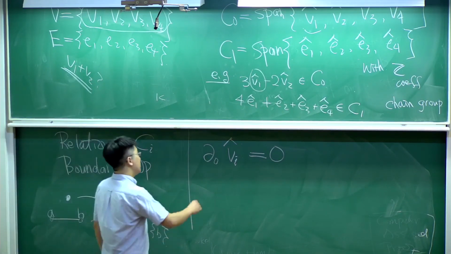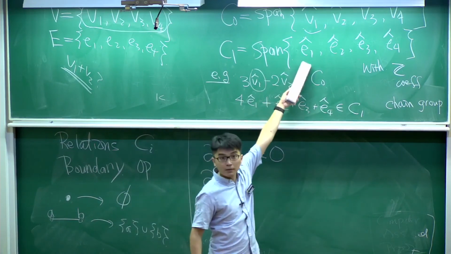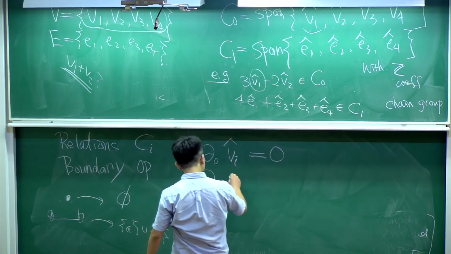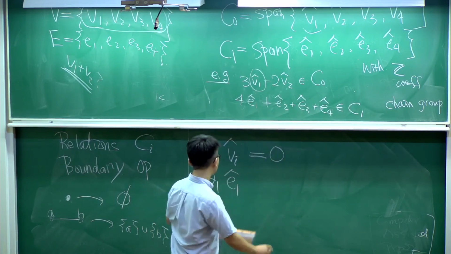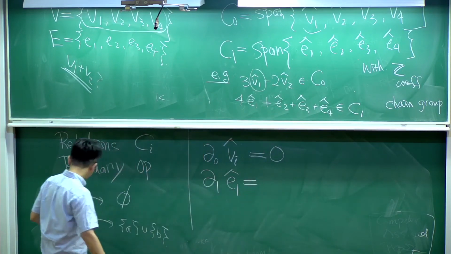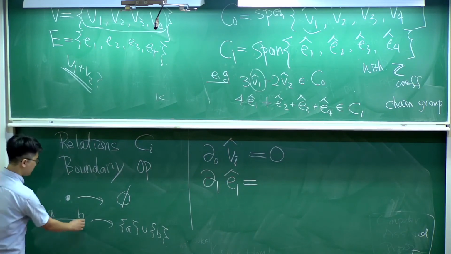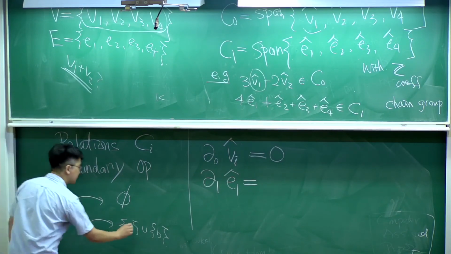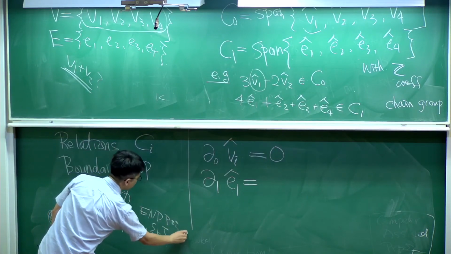What about the boundary of an edge? So for instance, the boundary of E1, according to this thing, is going to be just the union of the endpoints. The collection of the endpoints.